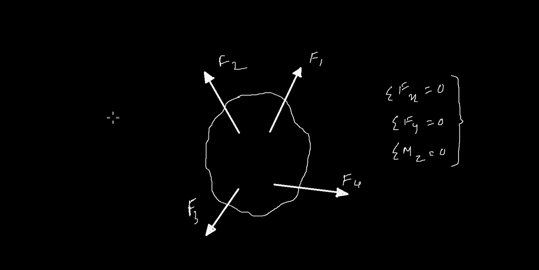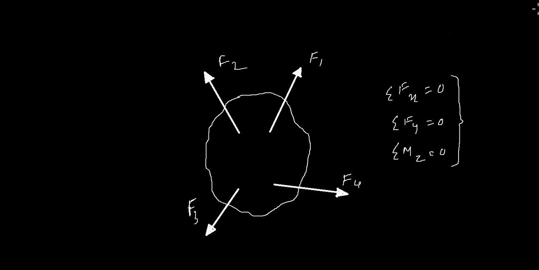Again, we discussed the method of sections in this video here, where we analyzed perfect frames using two methods, method of sections and method of joints. Method of sections uses a section or an arbitrary plane to divide the frame into two and then analyze it. It is the same concept that we apply here.